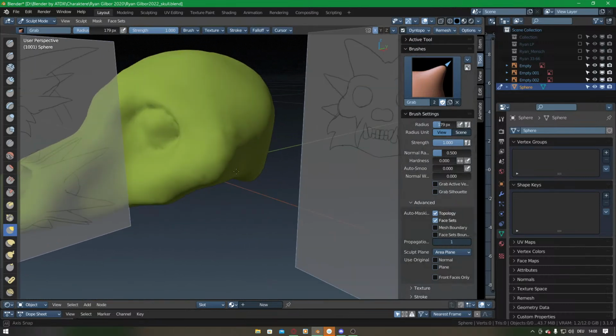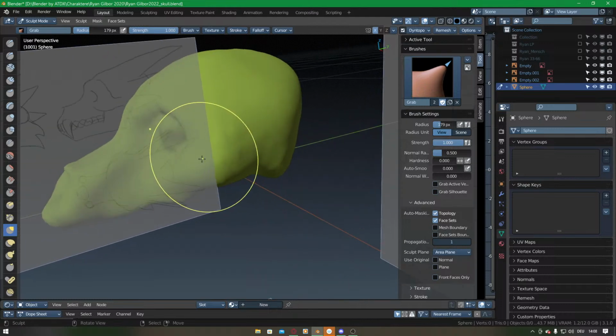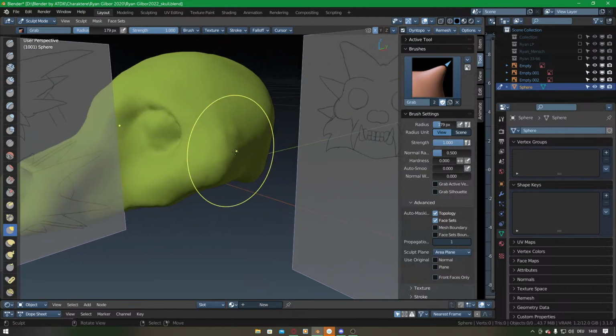Okay. But it's important to have this hole here. So the question is, how should I go about this?